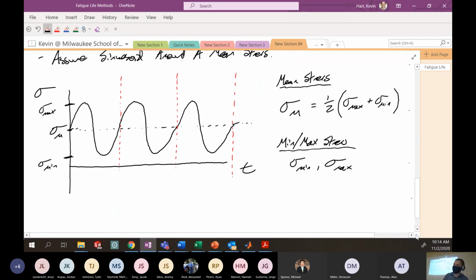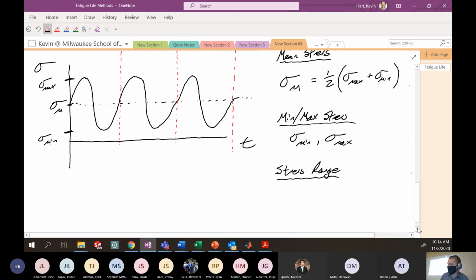All right. Some other things we might want to define is the stress range. That's simply the difference between the maximum and minimum. So here is your stress range.